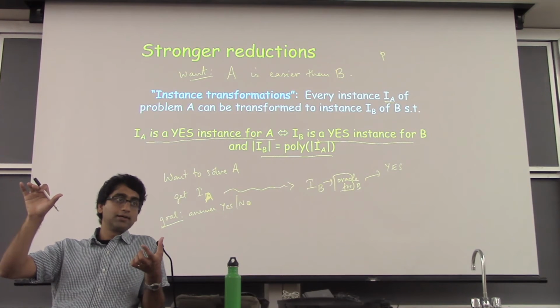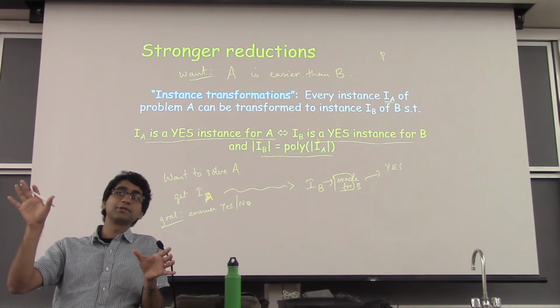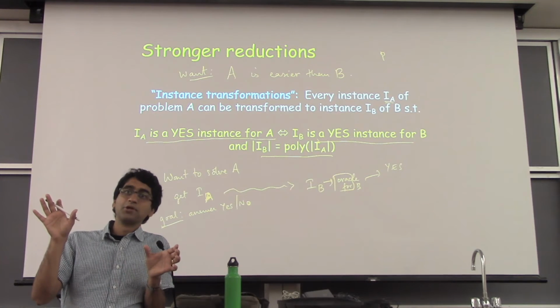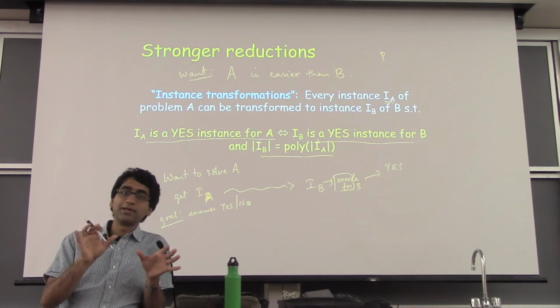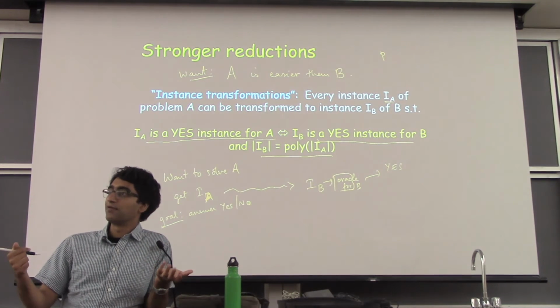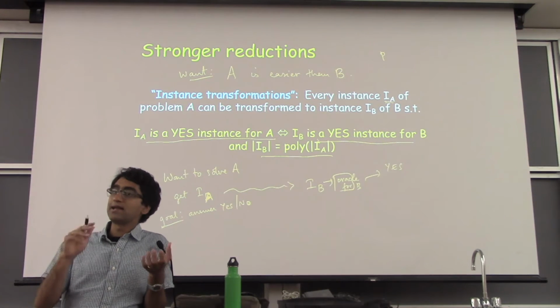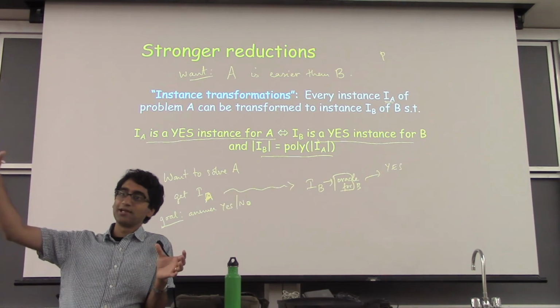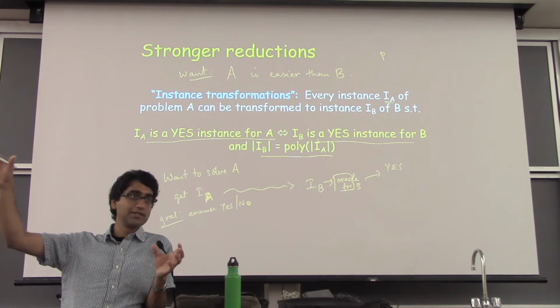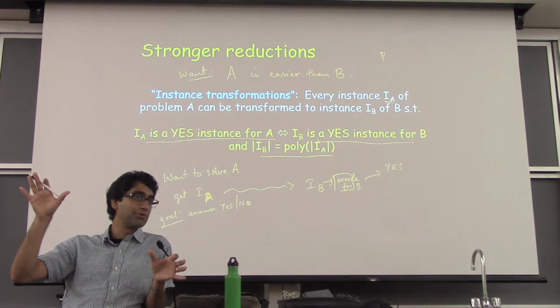One thing to keep in mind is that you might not be able to figure out efficiently whether the answer to either of these two is yes. But all you can guarantee is that the answer to this is yes if and only if the answer to this one is yes. This is the cool thing about reductions that you should keep in mind.